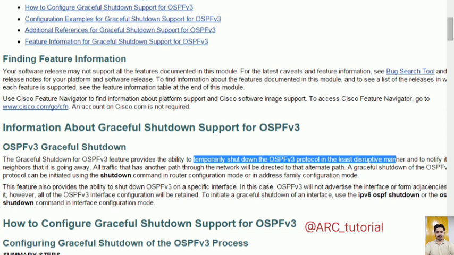Have you understood or not? Otherwise, your neighbor will break neighborship only after the expiration of that interval.